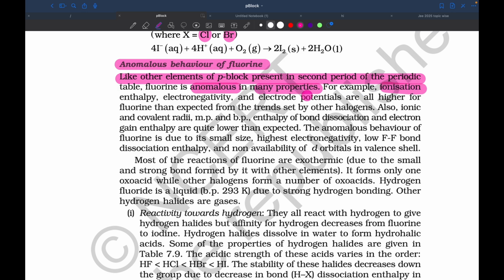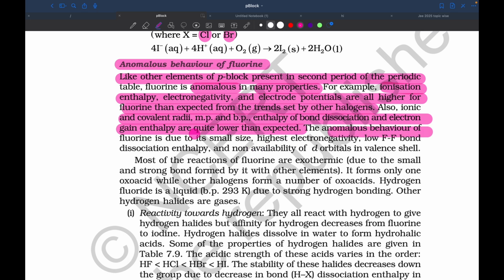For example, ionization enthalpy, electronegativity and electrode potentials are higher for fluorine than expected from the trends set by other halogens. Also ionic and covalent radii, melting and boiling points, bond dissociation enthalpy and electron gain enthalpy are quite lower than expected.